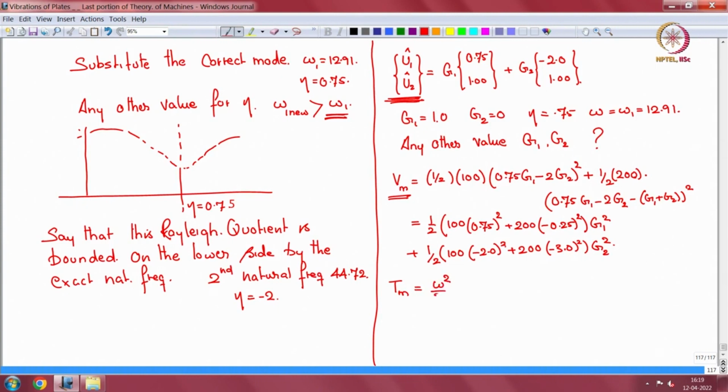Omega square by 2, 0.2, 0.75 G1 minus 2.0 G2 whole squared plus omega squared by 2, 0.3 G1 plus G2 whole squared.